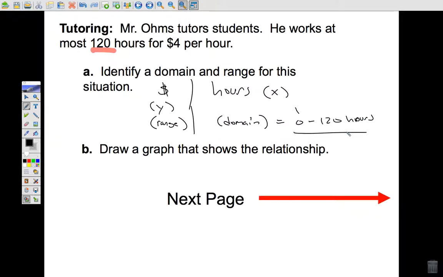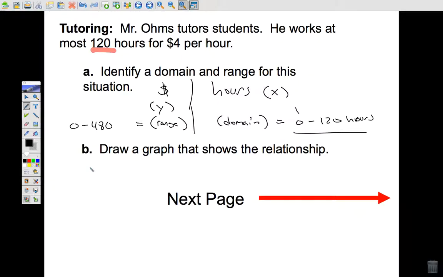Right? Those are the possible values that you could plug into your domain, which is going to be on your x-axis. What about dollars? Well, we have to do a little math to figure this out. If you did 120 times $4, how much money would you make? You would make 120 times 4, which is $480. So your range might be between 0 and 480. Okay, so that's how you list your domain and your range.